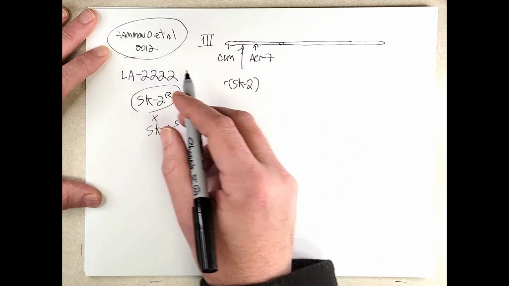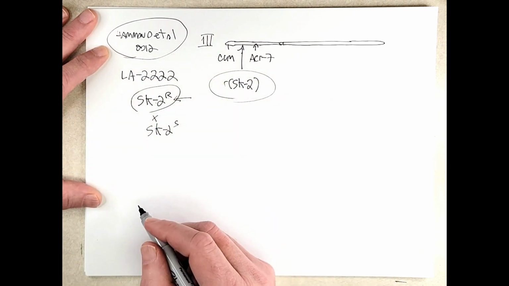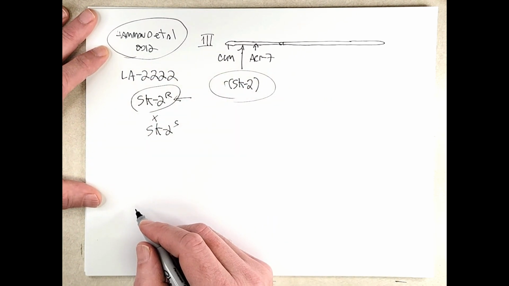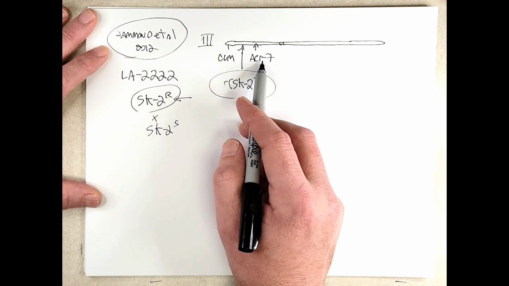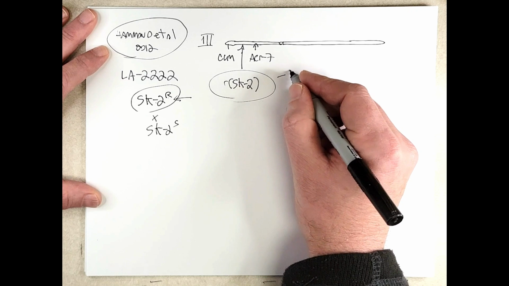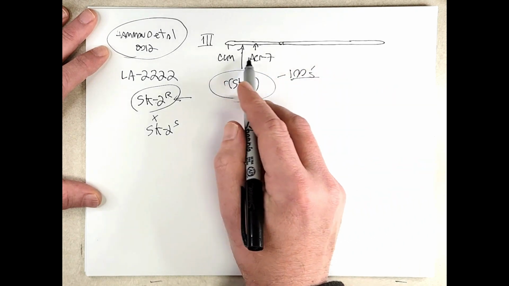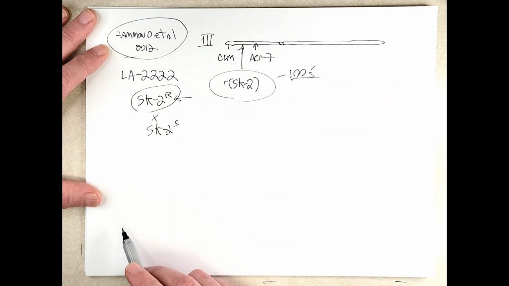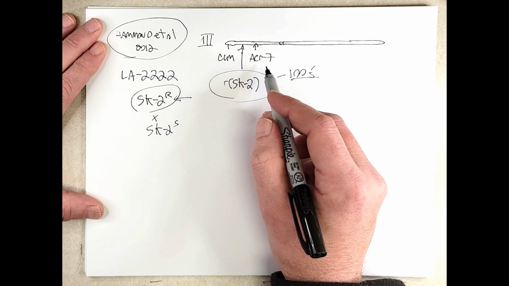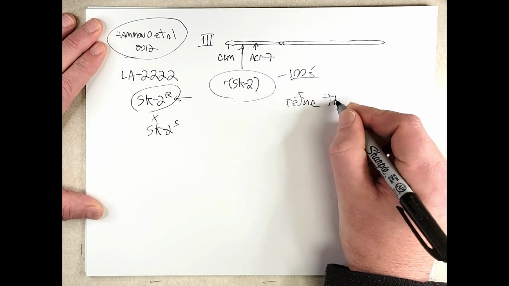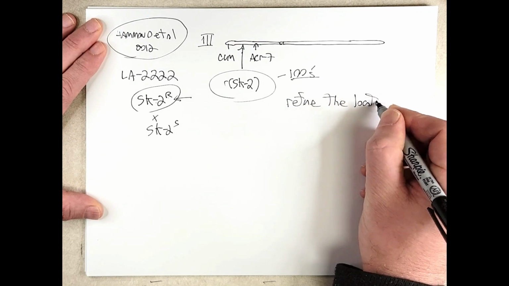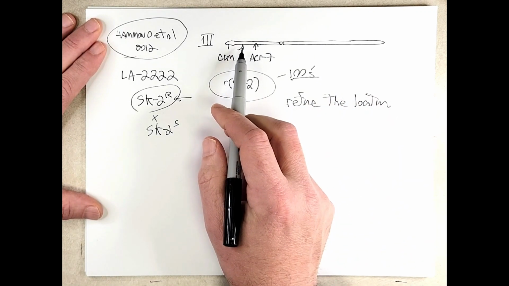Okay, so Hammond et al. set out to identify this gene. And we already had an approximate location, somewhere between Cumulus and ACR7, and let's just say there are probably hundreds of genes in this region here. So first thing they had to do was refine the location, so narrow down the location to a smaller region.